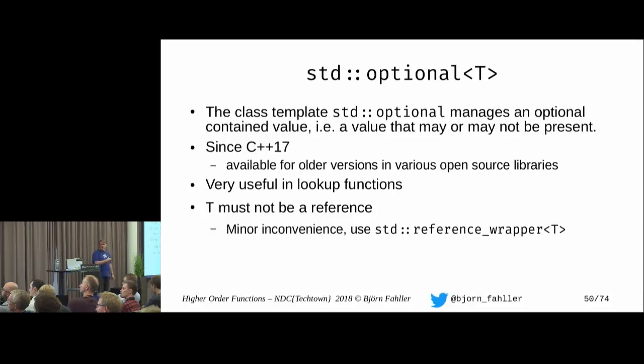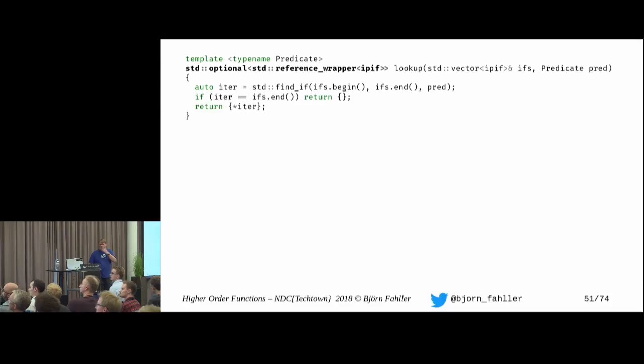A minor inconvenience is that as std::optional is defined in C++17, T must not be a reference. You can work around it by using reference wrapper to T, and then you're good. So I'll show you how to use this.